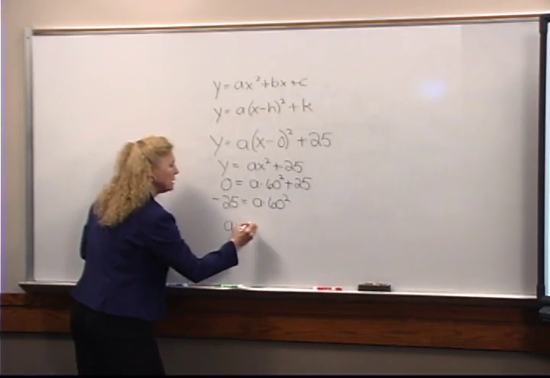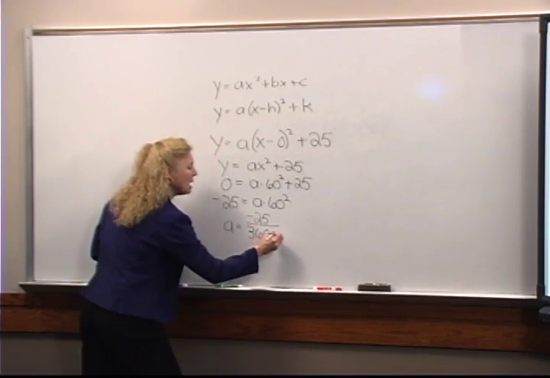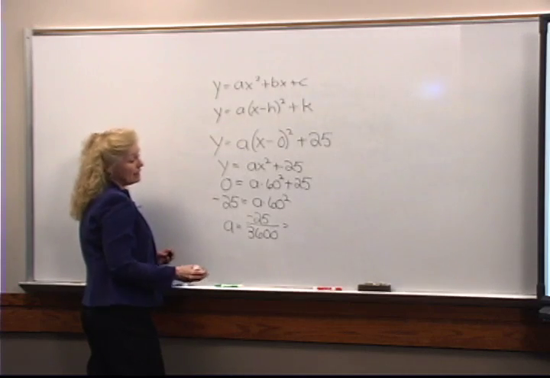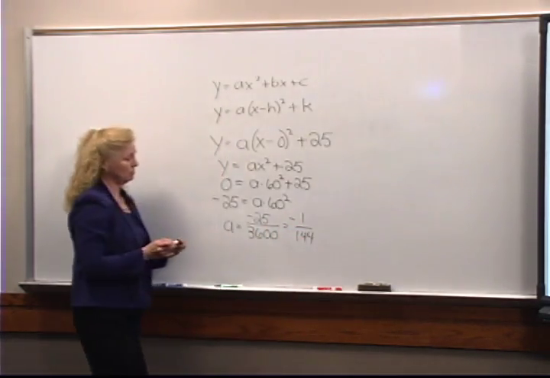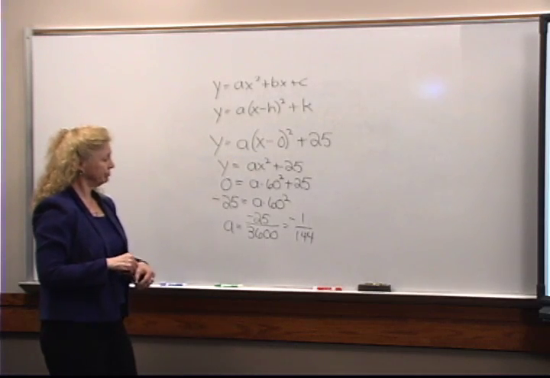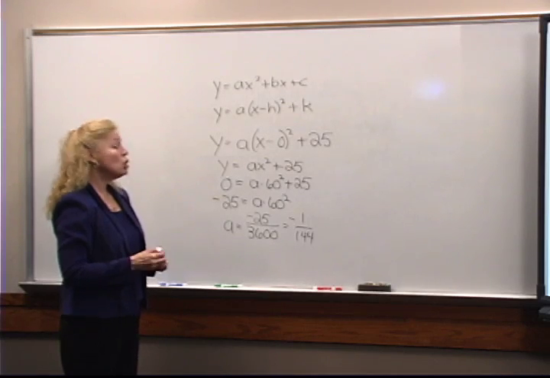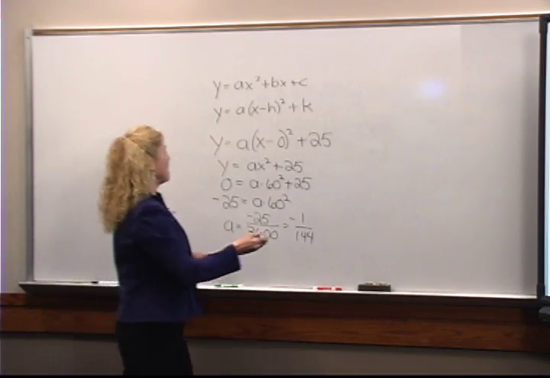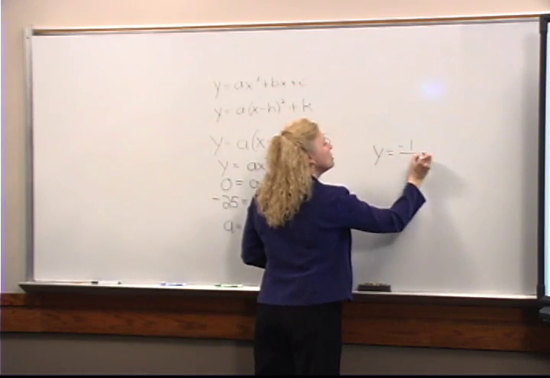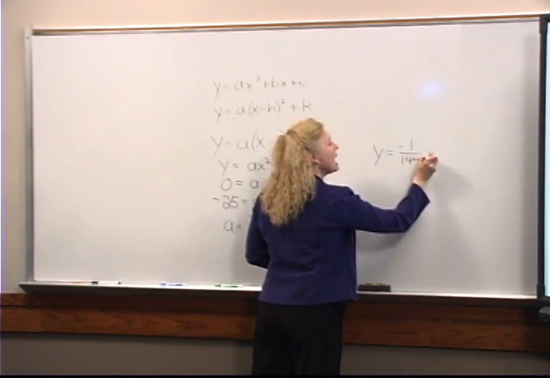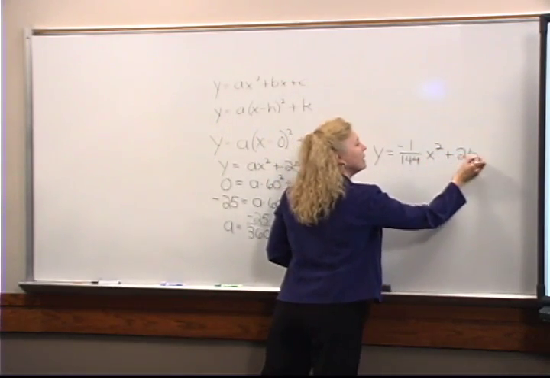And a would be negative 25 divided by 3,600, which I think is negative 1 over 144. I think, if I did my arithmetic right. So now I have my equation. I have y equals negative 1 over 144 x squared plus 25.